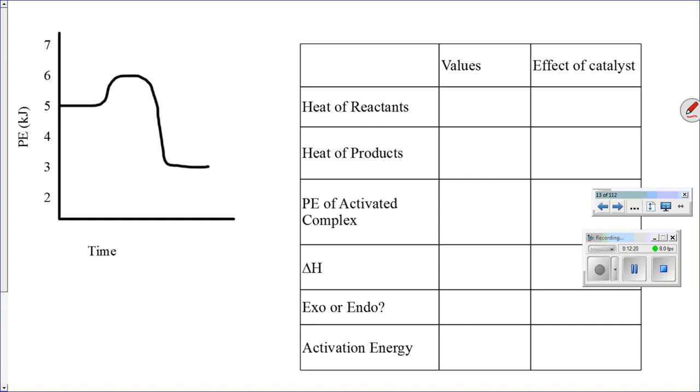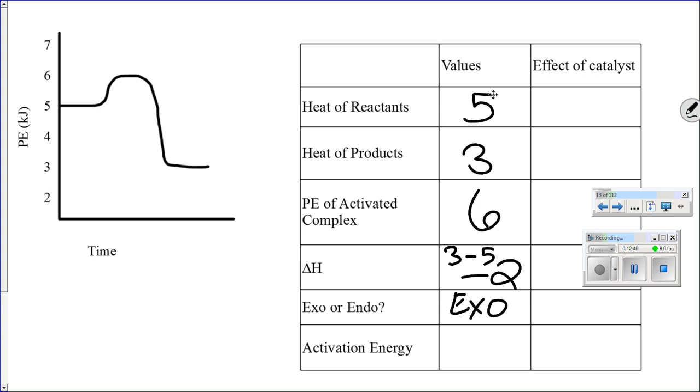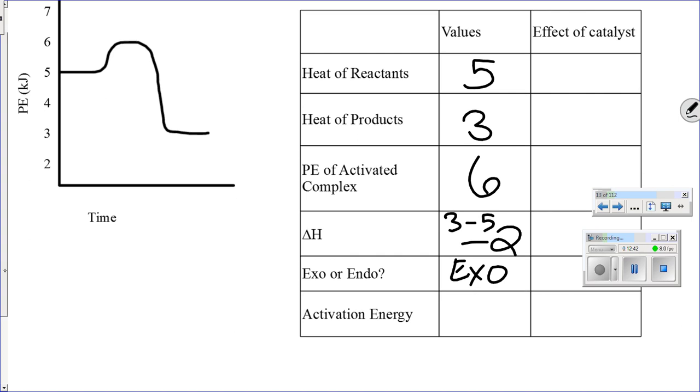If we look at another reaction right here, if we look at the reaction as written, our reactants are 5, our products are 3. We have to get up to an activated complex of 6. Our delta H is going to be 3 minus 5, or negative 2. This is also an exothermic reaction. If we look at our activation energy, it's going to be 1.